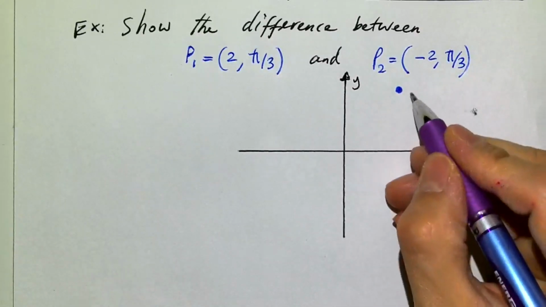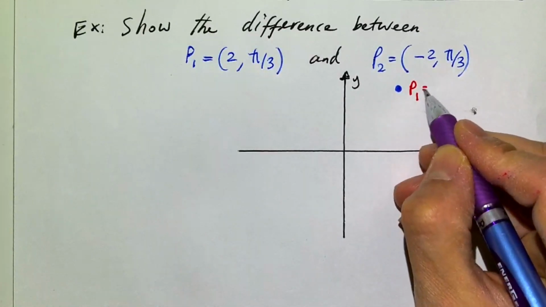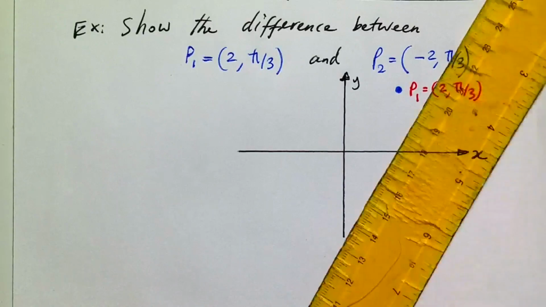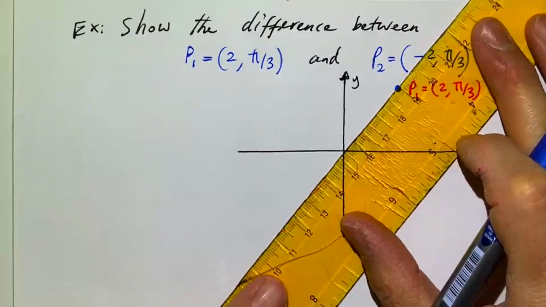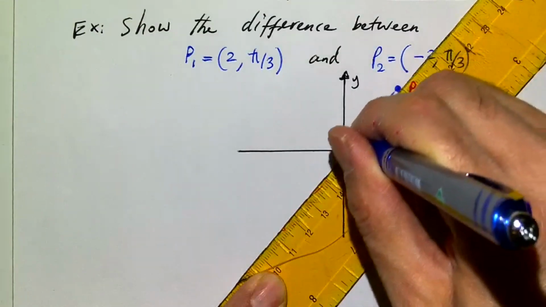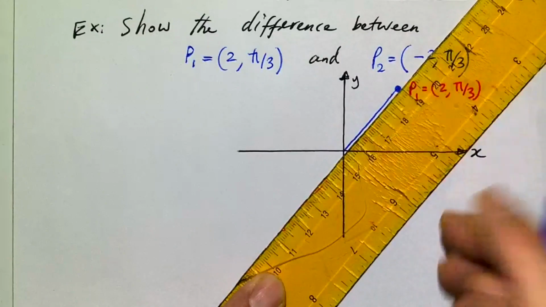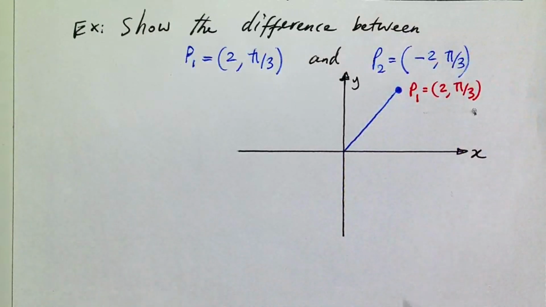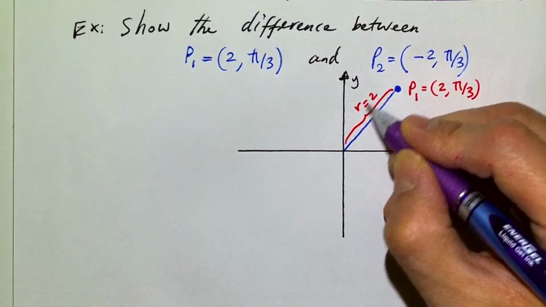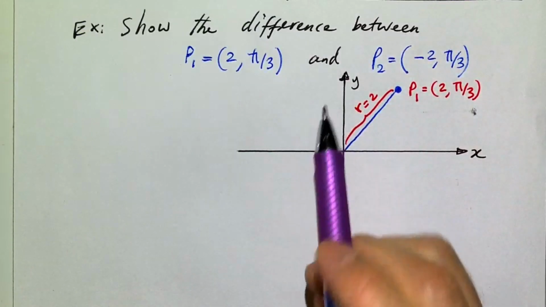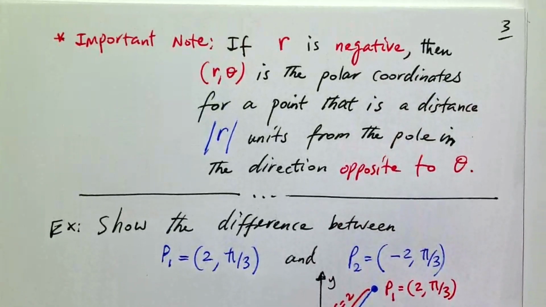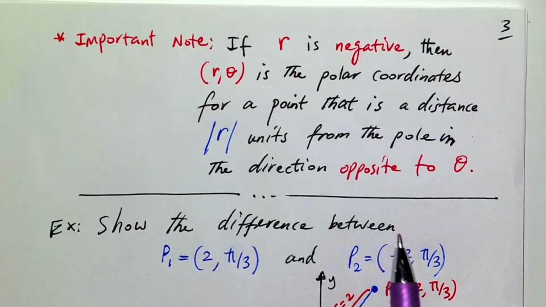So this is where P1 is with the coordinates 2 comma pi over 3. And 2 would be 2 units distance from the pole to that point, like that. So this would be r equals 2, right?